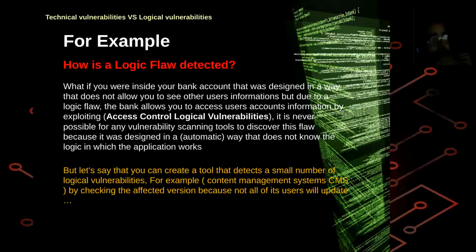It is never possible for any vulnerability scanning tool to discover these flaws because it was designed to work automatically and does not know the logic in which the application works. But let's say that you can create a tool that detects a small number of logical vulnerabilities, for example, in content management systems, by checking the affected version, because not all of its users will update.